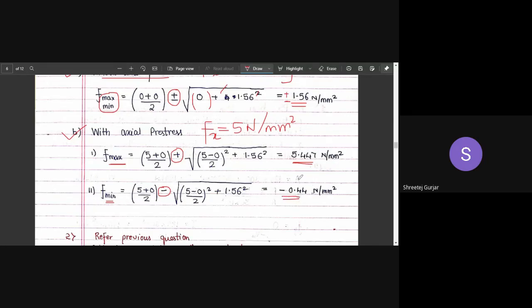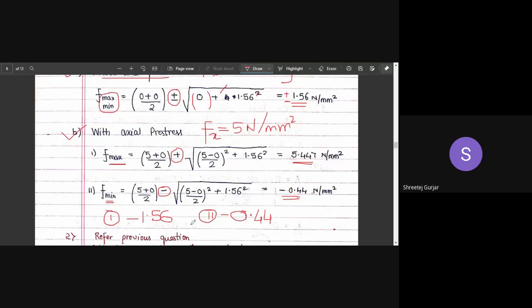So this is for tension. In the first case, what was the value? Minus 1.56. Maximum principal tension was F minimum, that is minus 1.56 for the first case. For the second case, it is minus 0.44. So you have to compare these two magnitudes. This is the maximum principal tension in the first case and in the second case.